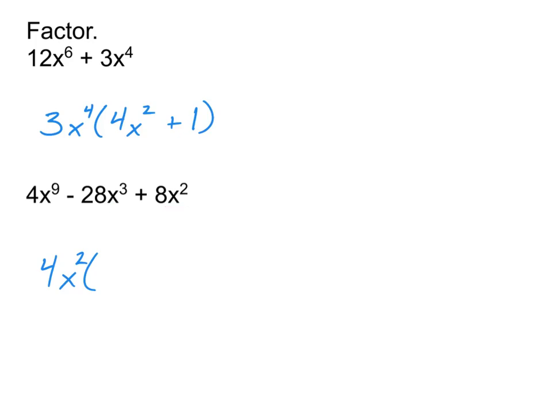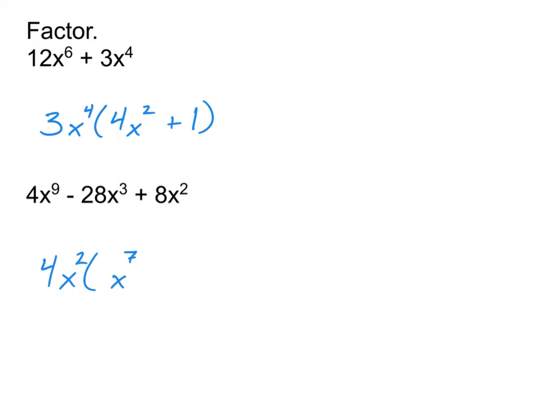So if I do 4x to the 9th divided by 4x squared, the 4 divided by 4 is 1. And the x to the 9th divided by x squared is x to the 7th. So I'm just going to write x to the 7th there. I could write 1x to the 7th. That would still be technically correct. It's just that when there's a 1 in front of x, we don't have to write it in, and we do tend to omit those numbers that don't have to be there.